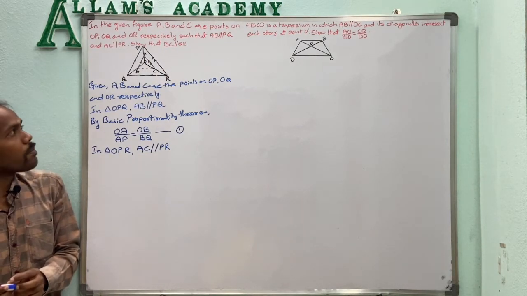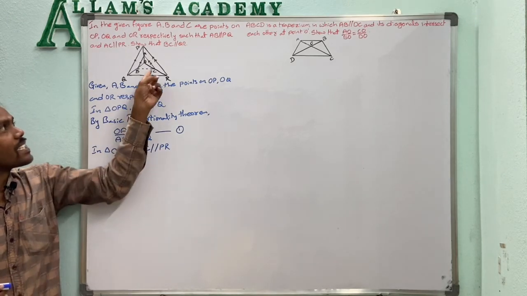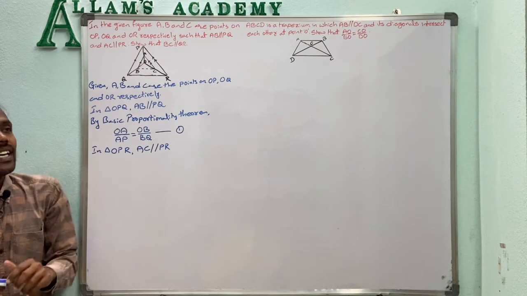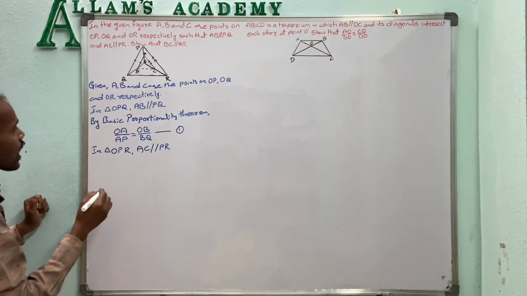So by the basic proportionality theorem, these points joining line divides these two sides in equal ratio.